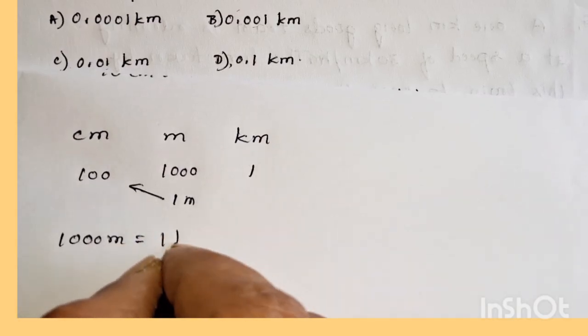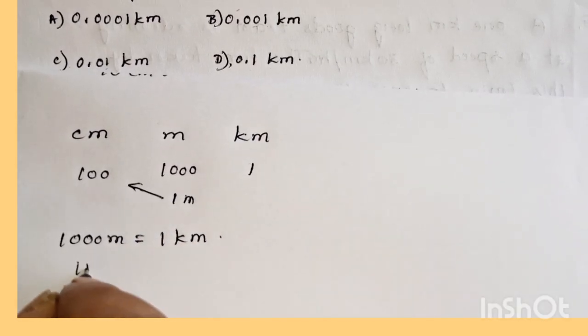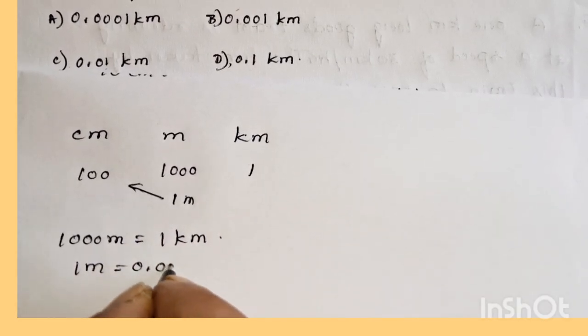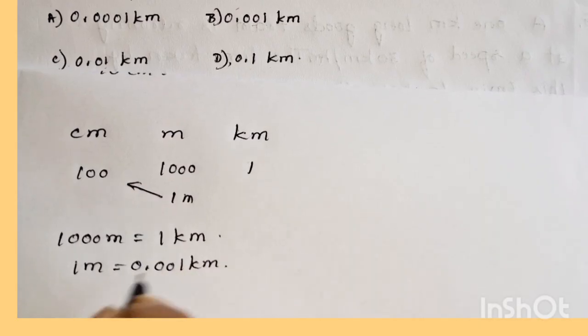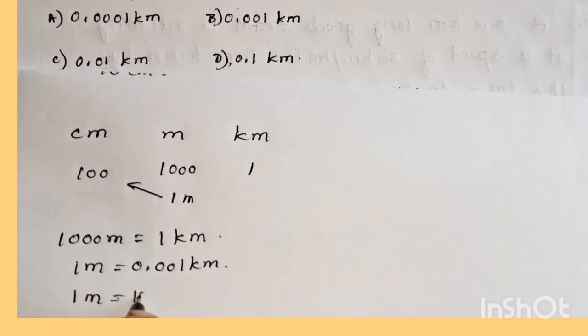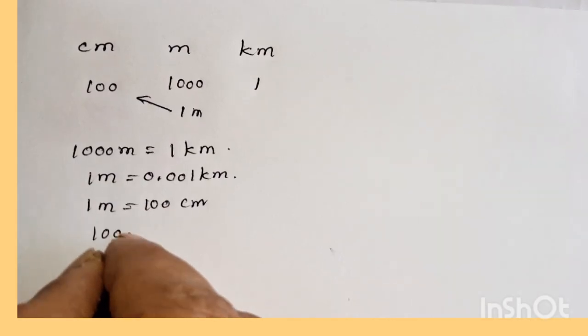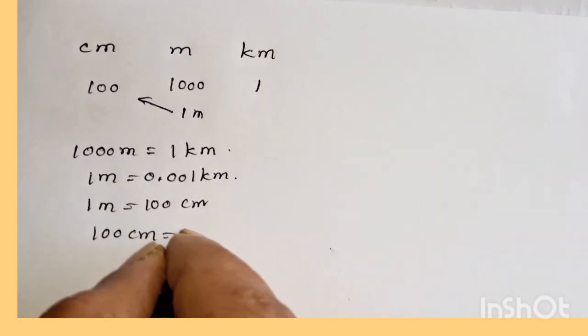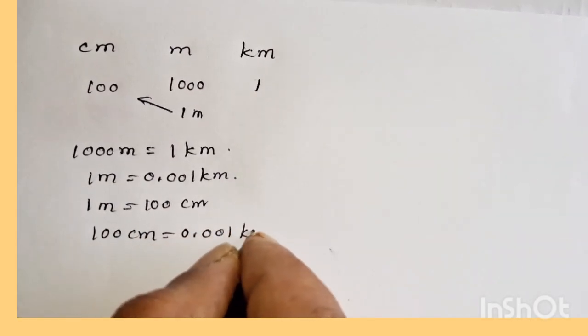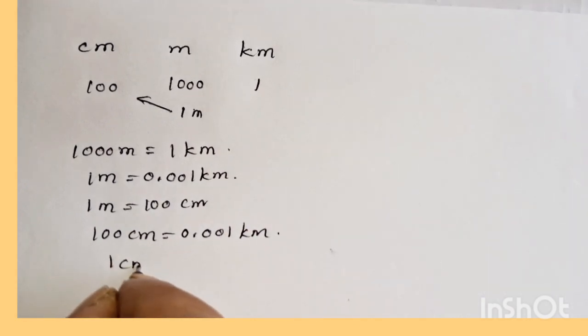We can write it as 1000 meters is equal to 1 kilometer, and 1 meter will become 0.001 kilometer. And 1 meter is equal to 100 centimeters also. So we can write 100 centimeters is equal to 0.001 kilometer.